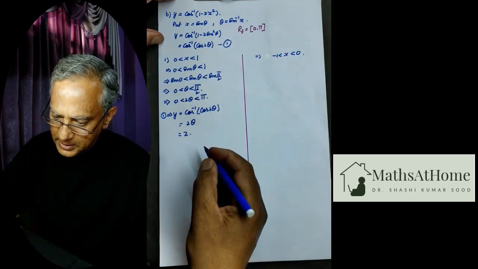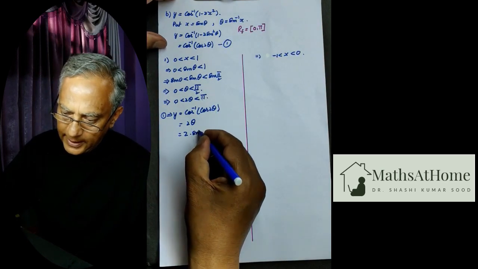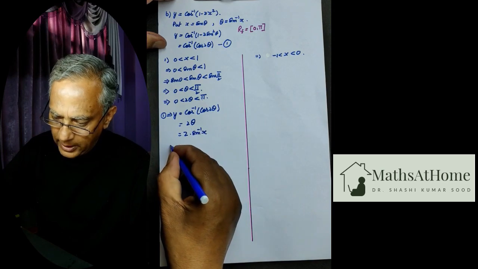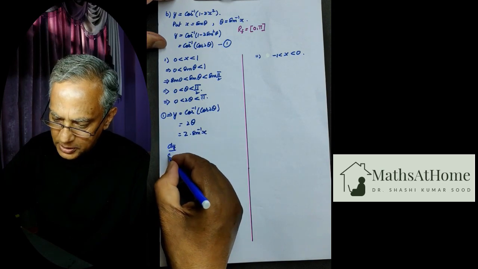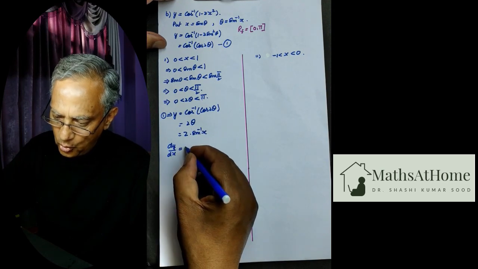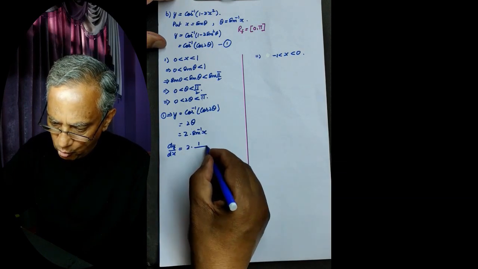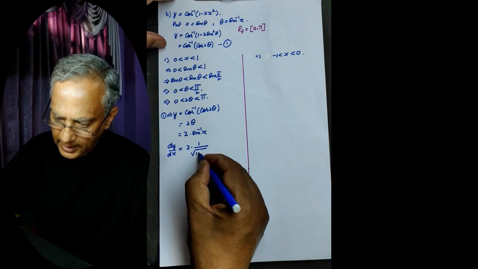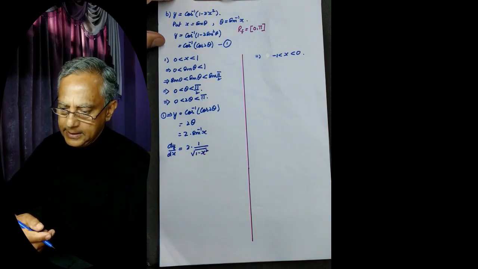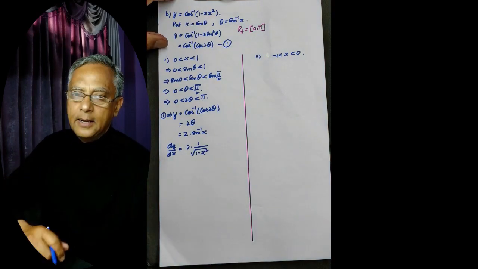So theta must be sine inverse x, and therefore dy by dx must be equal to 2 into the differential of sine inverse x, which is 1 over under root 1 minus x square. So this is the answer.